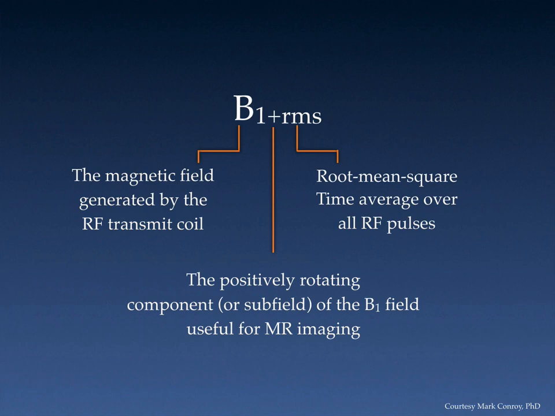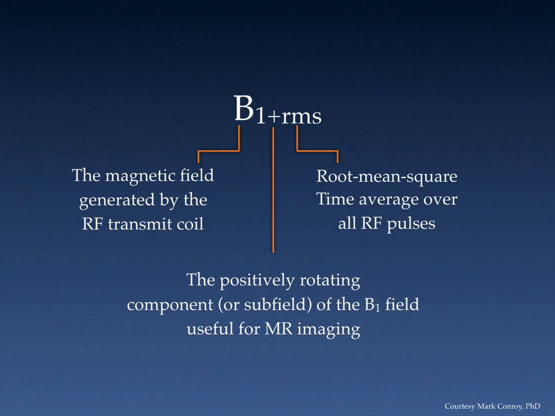And from that previous video, you'll recall that the rotating B1 field can be decomposed into two counter-rotating subfields. So the positive sign in this term, B1+rms, refers to that positively rotating component that's responsible for exciting the nuclear spins and therefore tipping the tissue's net magnetization into the transverse plane.